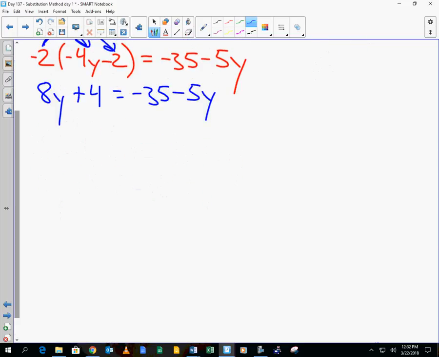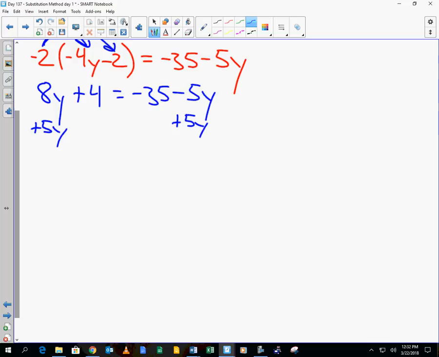Now what? Are the y's on the same side or opposite sides? So let's get them on the same sides. Would you like your y's on the right side or the left side? A lot of people like them on the left, so I'm going to add 5y to both sides.